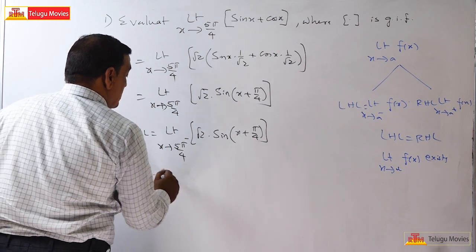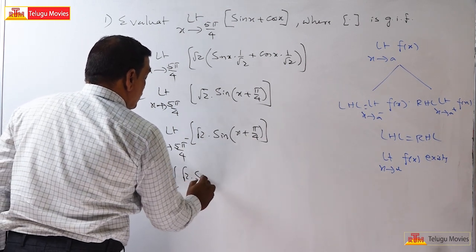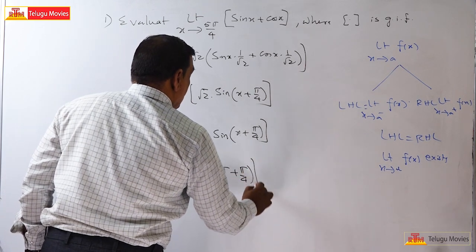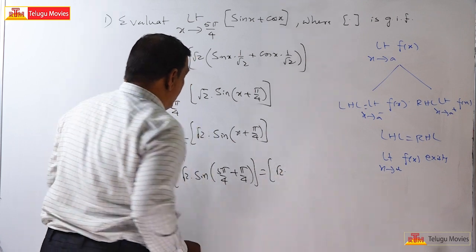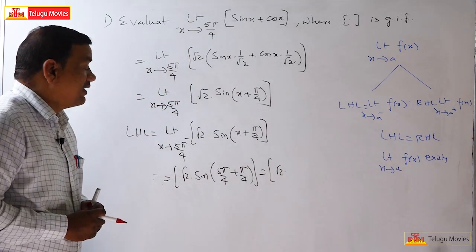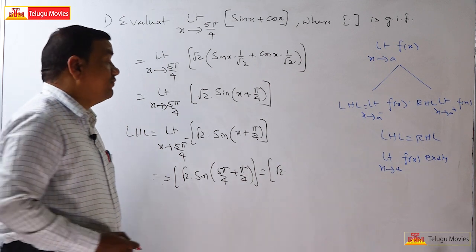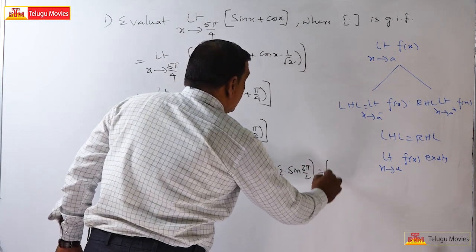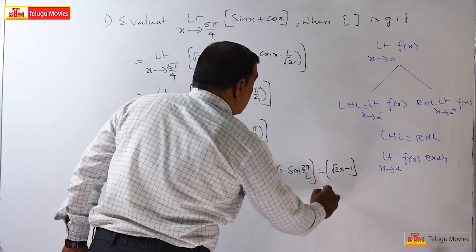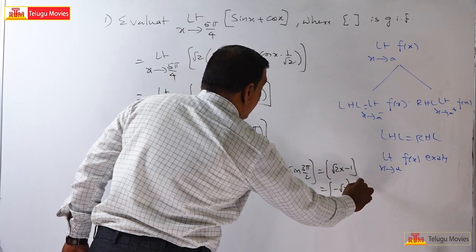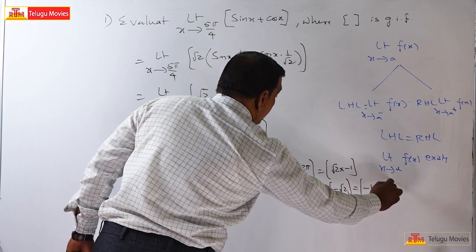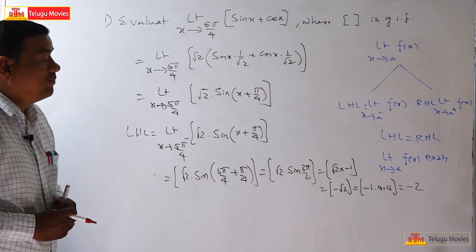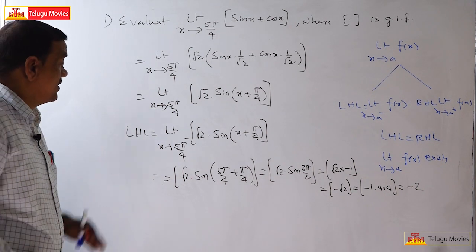So just directly substitute here: step of root 2 into sin of 5 pi by 4 plus pi by 4, that is 6 pi by 4, which means 3 pi by 2, sin of 3 pi by 2. So this is root 2 into minus 1, that is minus root 2, which means minus 1.414. The step of minus 1.414 is equal to minus 2.